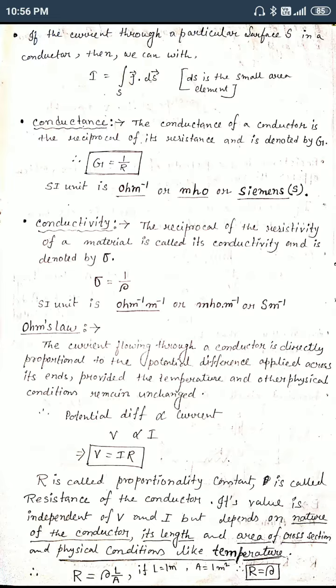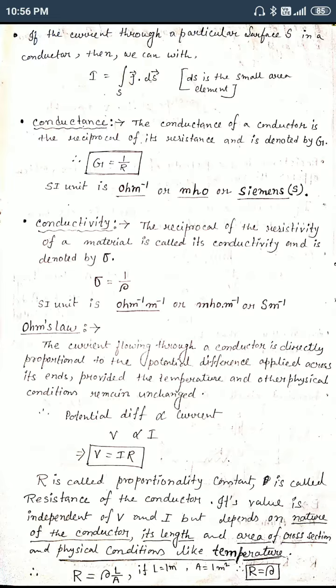Okay. Next, if the current through a particular surface, a very large surface in a conductor, is given, then what can we write? If you remember Gauss law, we considered a small surface element ds and then integrated it to get the total surface.